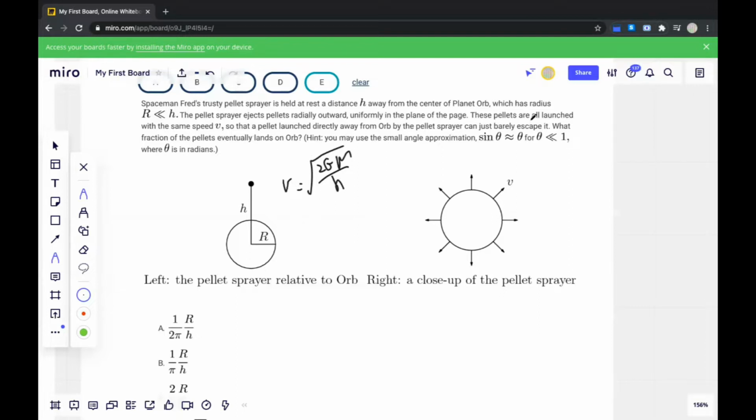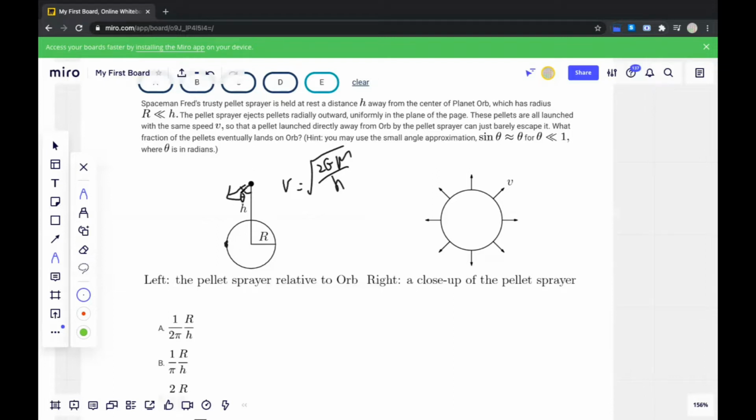And the pellets that will eventually reach the planet orb will travel a specific orbit. So let's say that it's launched at some velocity v with angle theta. Then those that will eventually reach orb will follow a path that hits right here.